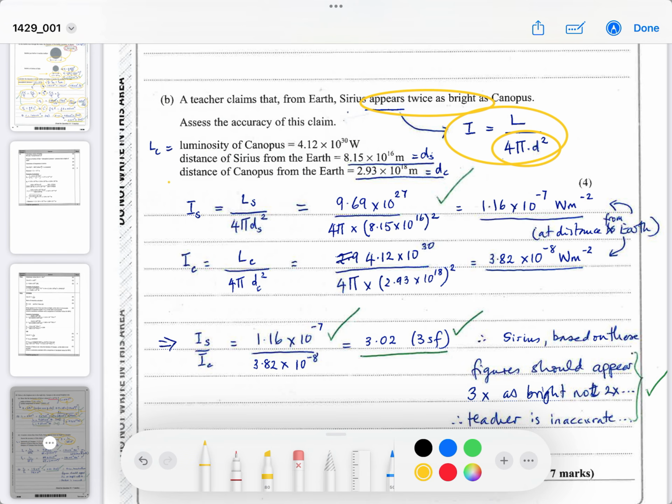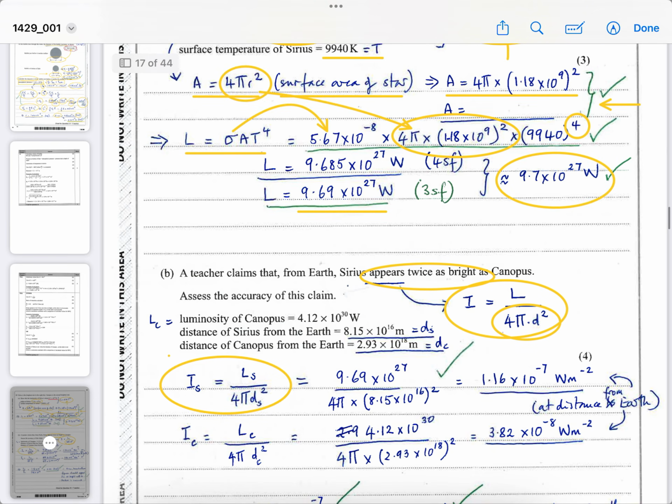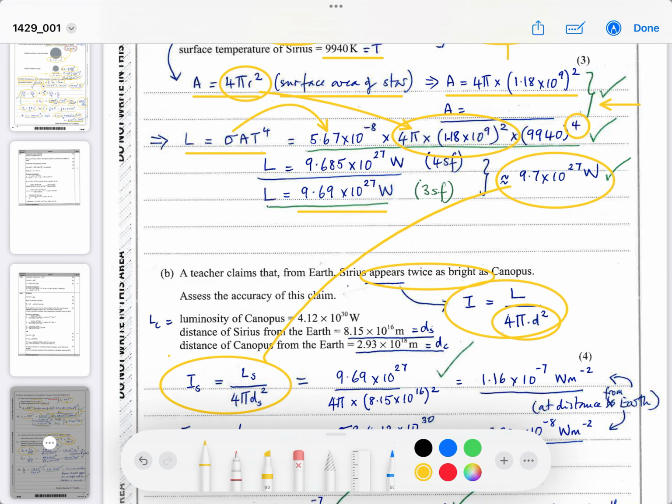So you've got to do this calculation twice. You do the intensity for Sirius, which uses the luminosity of Sirius that we calculated in the first part. So the luminosity comes from there. Once you've got the luminosity, you put it into the top of this equation.